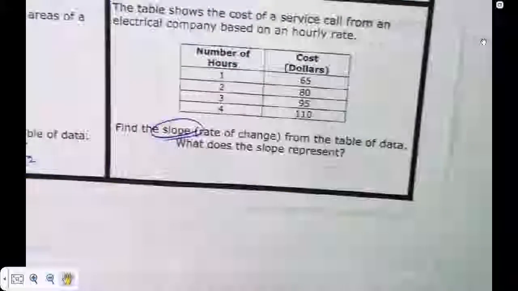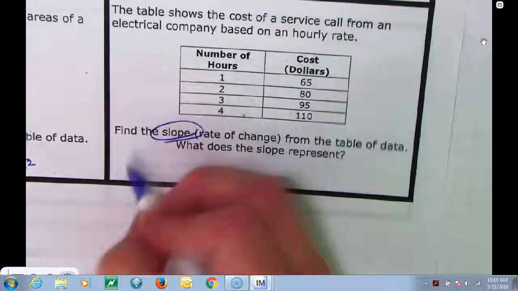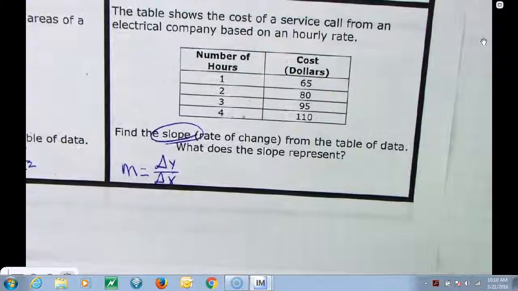Okay, we're finding the slope. So what am I going to go do? I'm going to go changing Y over changing X. Go. Do it.